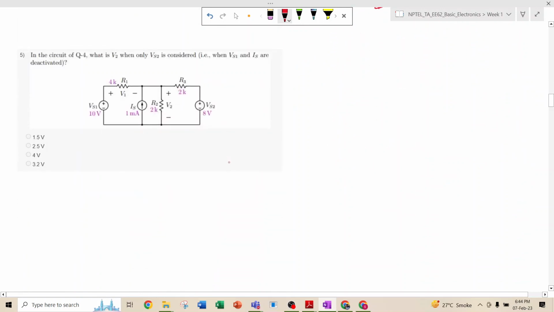Similar to this, the next question is: what is the value of V2 when only the Vs2 is considered? We can do the same thing: this voltage source will be a short circuit, the current source will be an open circuit.